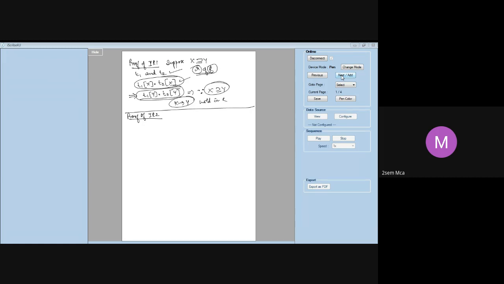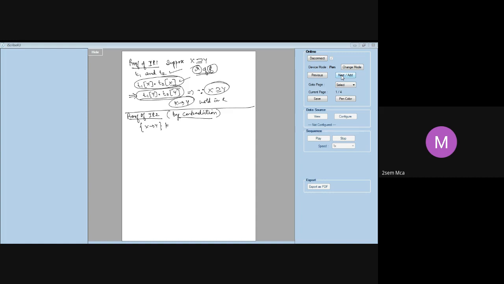Now, this IR2, we are going to prove it by contradiction. What does our IR2 state? First, let's see what IR2 is. It is the augmentation rule. Let's put down the rule first. X determines Y is given to us.